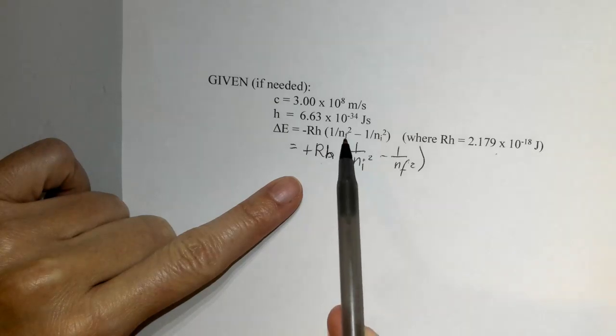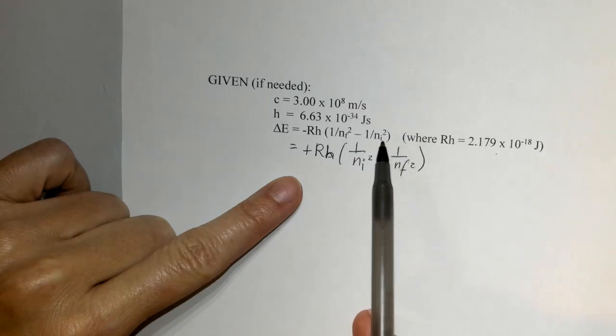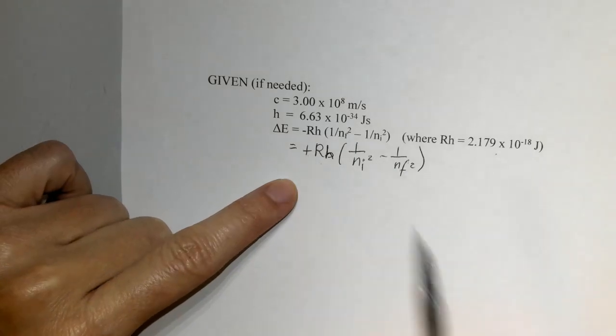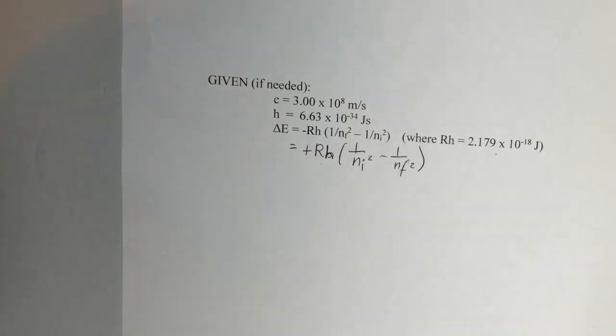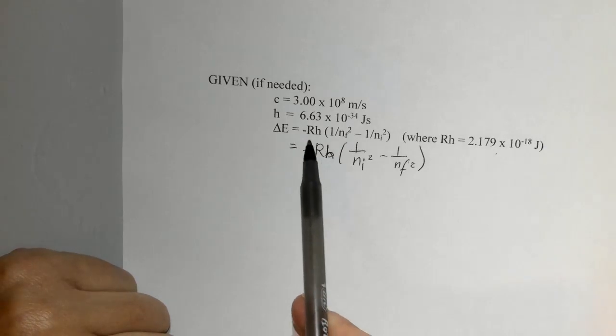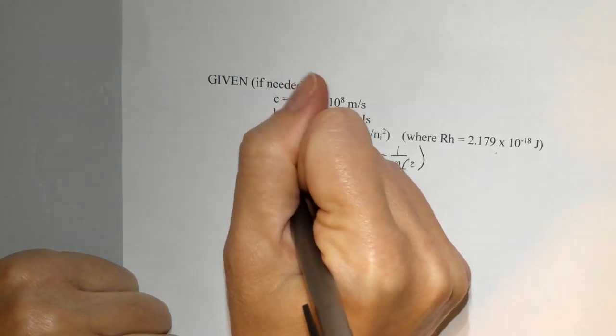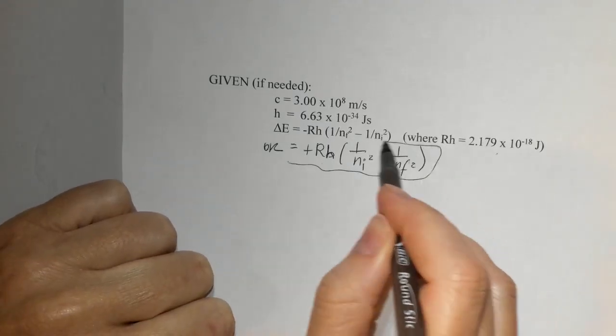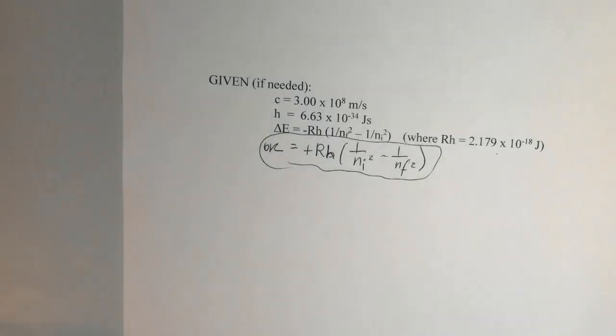If you're used to taking the inverse of the final n squared minus the inverse of the initial n squared, when you flip it, the sign on the R, the E formula obviously also flips. So this formula and this formula are the same, but I'm pretty sure I gave it this way on the test with the positive RH.